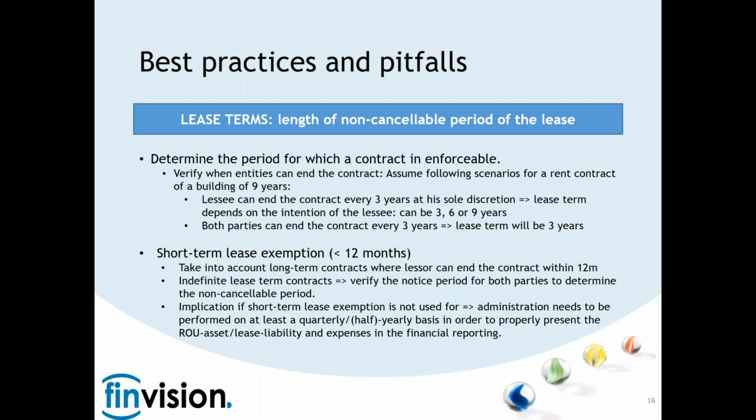Also, for the short-term lease exemption, you know that there's an exemption for leases with a lease term of less than 12 months, and also at transition date, leases that have less than 12 months to go, you can exclude them from IFRS 16 scope, meaning you will continue to account for them as operating leases like we know under IAS 17.